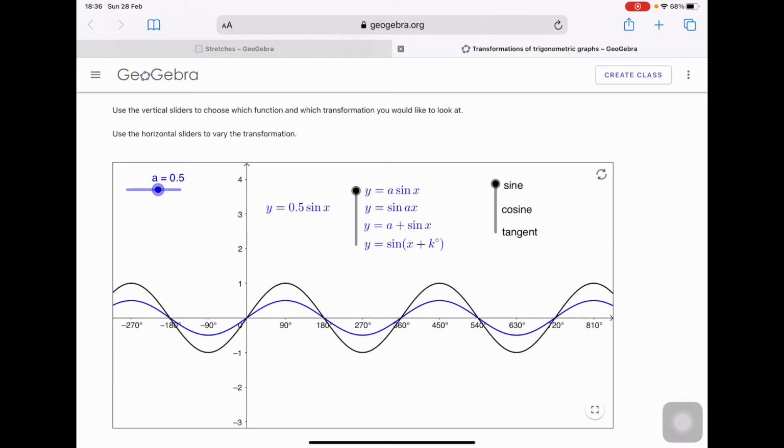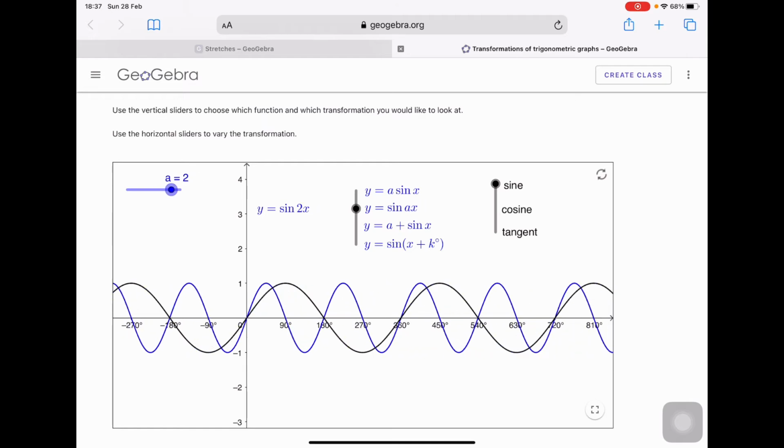I'm just going to go through a few of these transformations. Here, of course, we are affecting the y values because the a is outside the brackets, it's not next to the x. If we were to move to the second type of transformation, let's write 2.